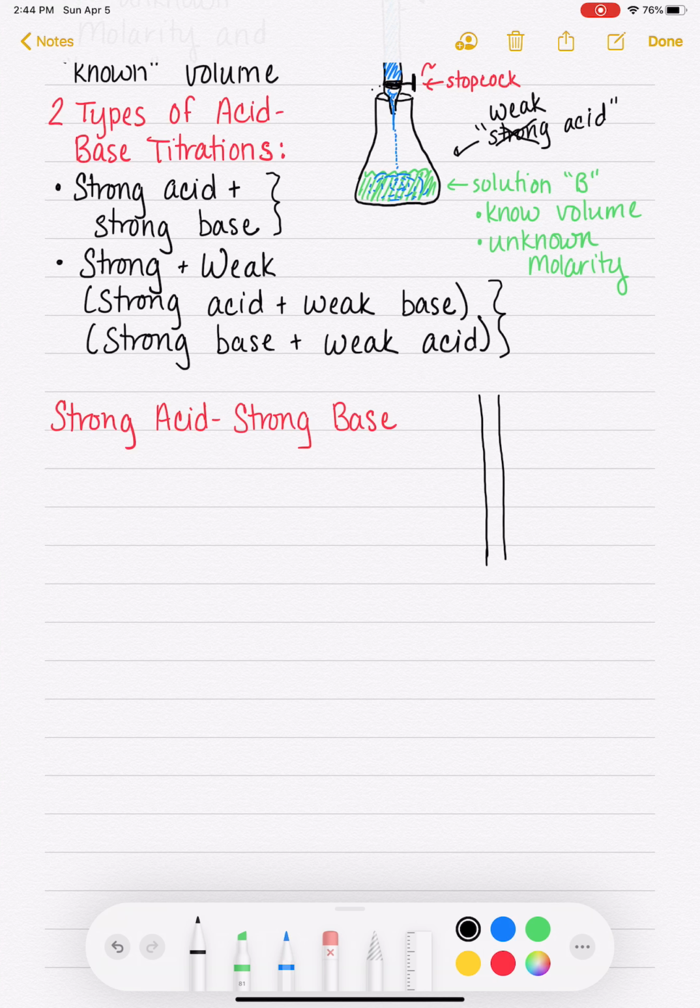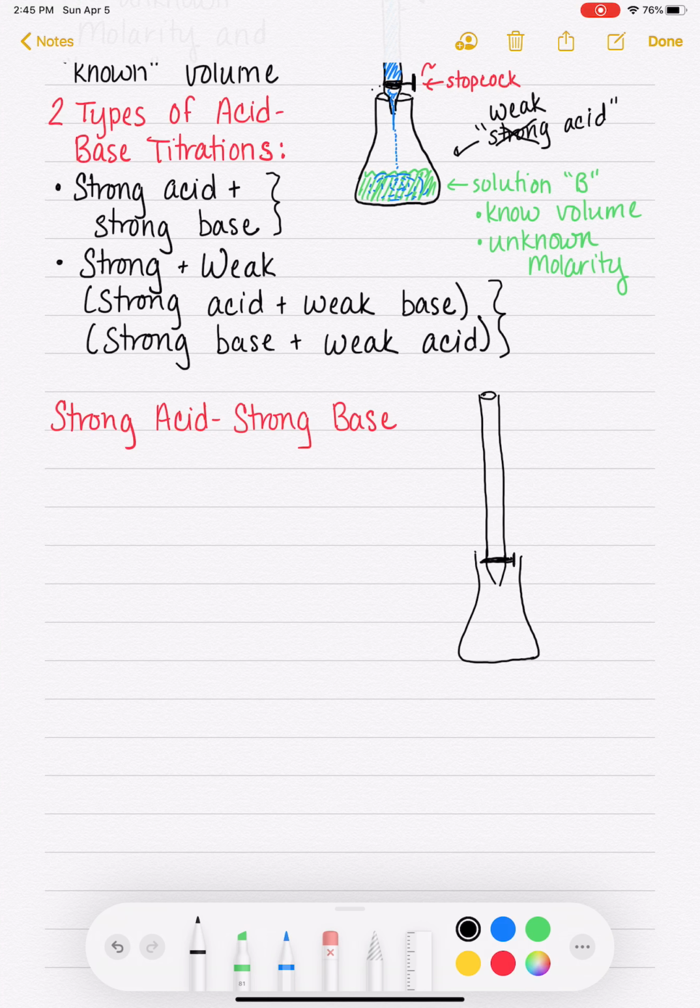Now remember, when we're doing a titration, the purpose of doing the titration is to determine the molarity of a solution that has an unknown concentration. To do this, we're going to use two pieces of glassware.